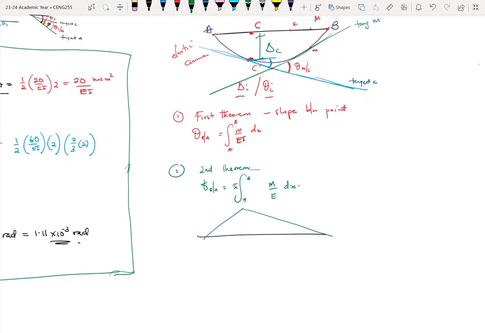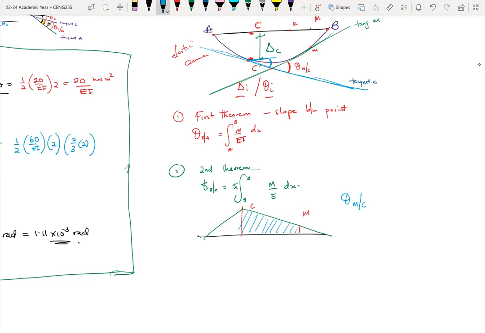This point here is C, and maybe this point here is M, in terms of where they're located on the structure. The slope theta MC or CM is simply the area between these two points. So that's generally what the moment area method is with respect to slopes at different points.